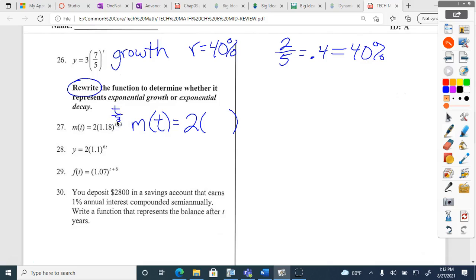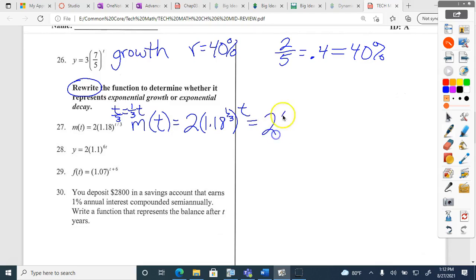This is probably the hardest question because you have to do a lot of finagling here. t over 3 is the same as 1/3 times t. Everybody follow that? Where do I put that 1/3? Inside the parentheses with the 1.18. So 1.18 to the 1/3 power to the t power.